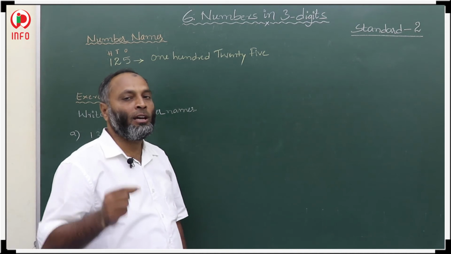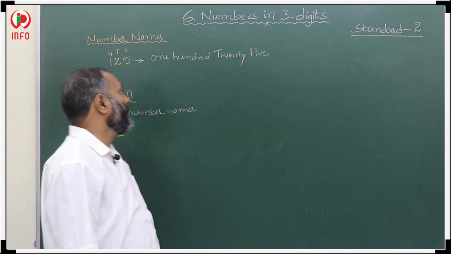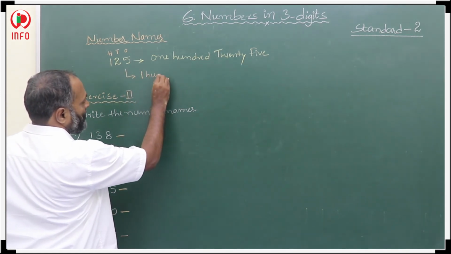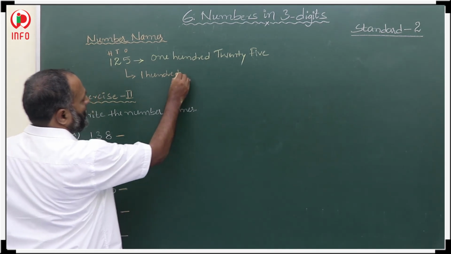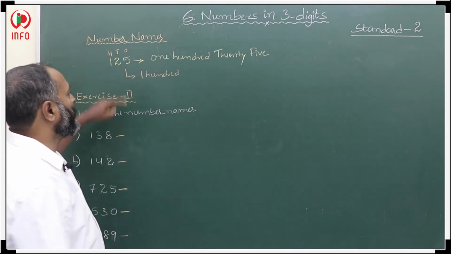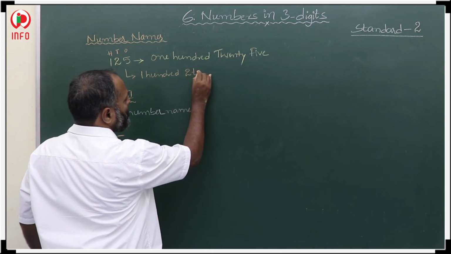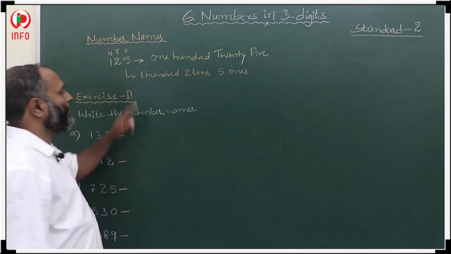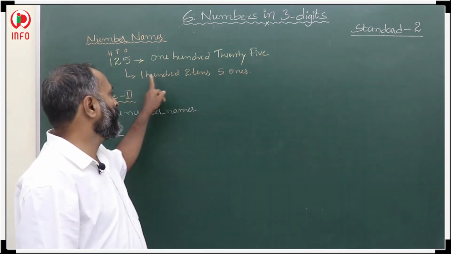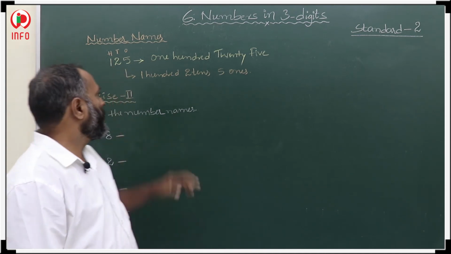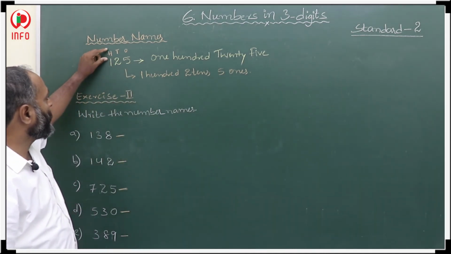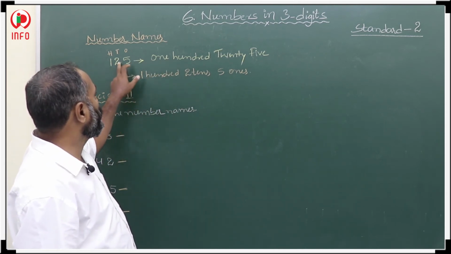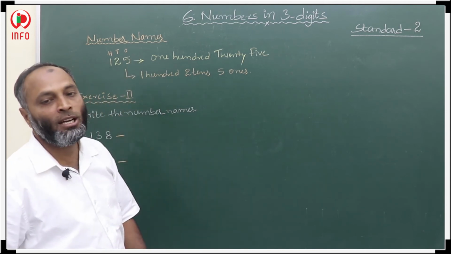What does it mean? 100, 2 tens, 5 ones. That is 125.